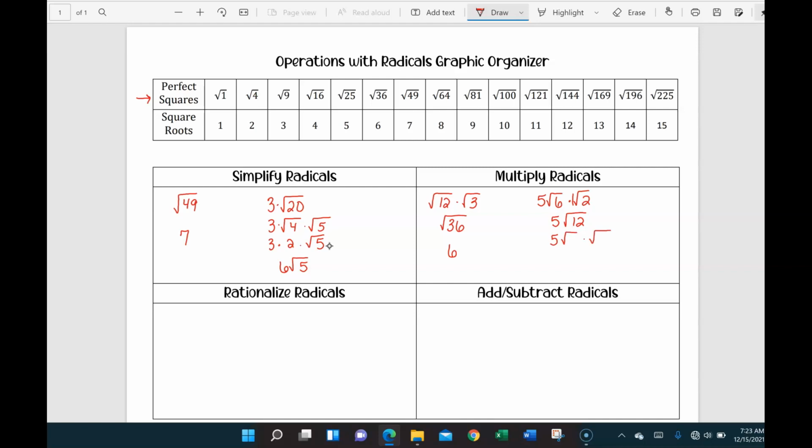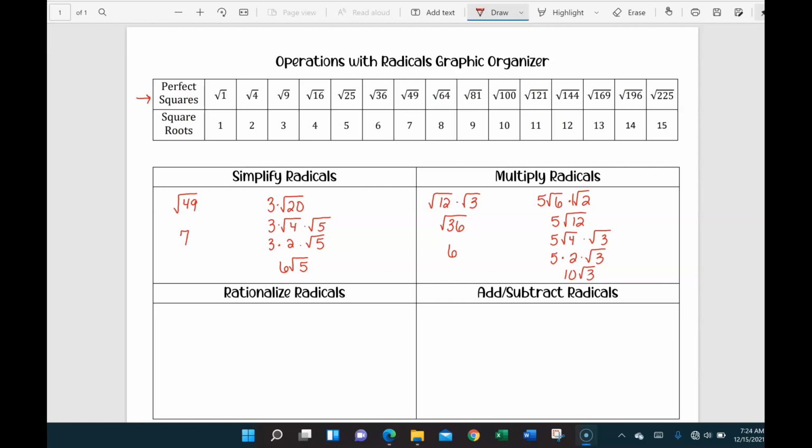That answer is 4 and 3. The square root of 4 is 2. Bring down that square root 3, and then multiply my coefficients. 5 times 2 is 10, and then tack on the root 3 at the end.